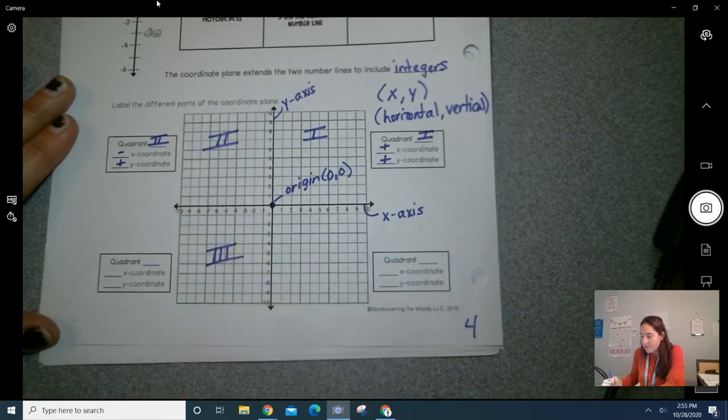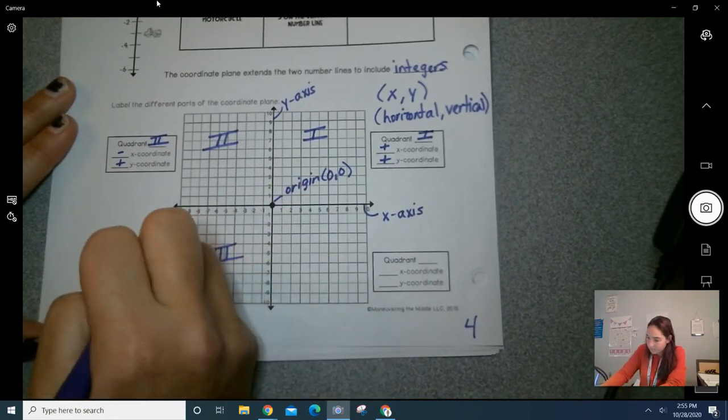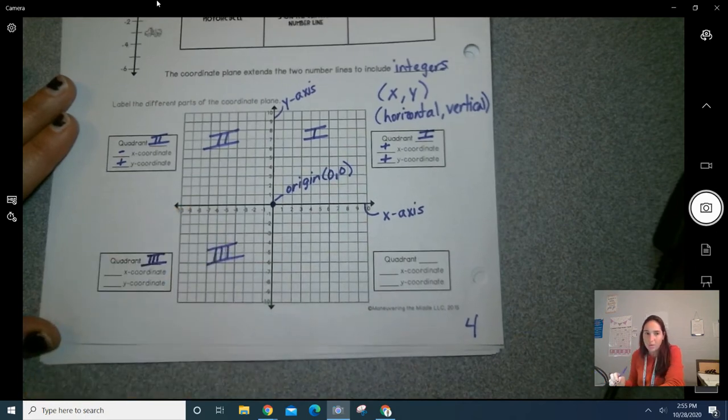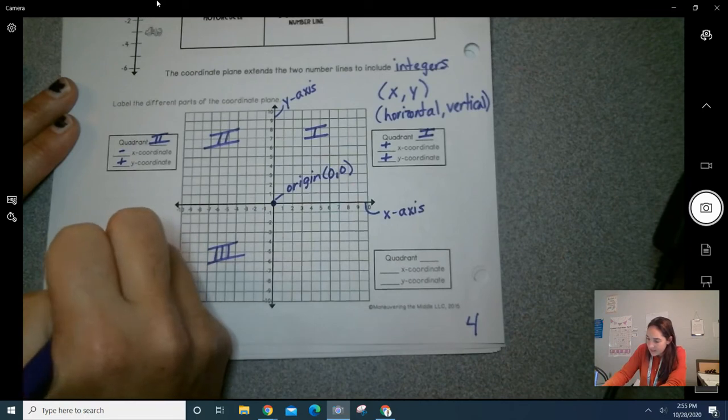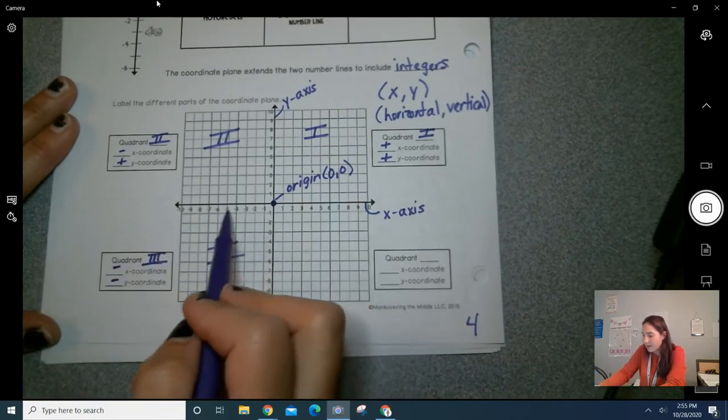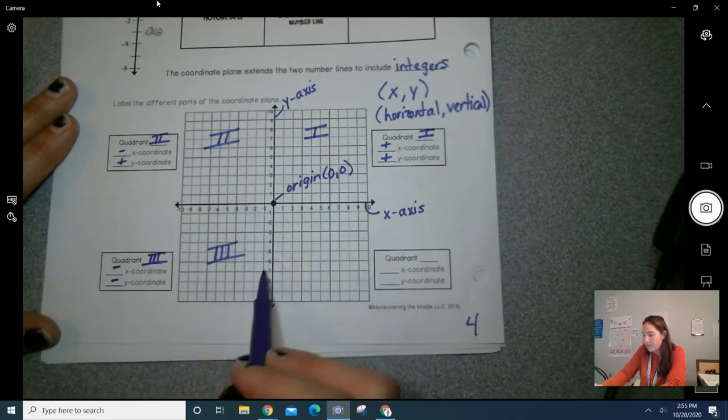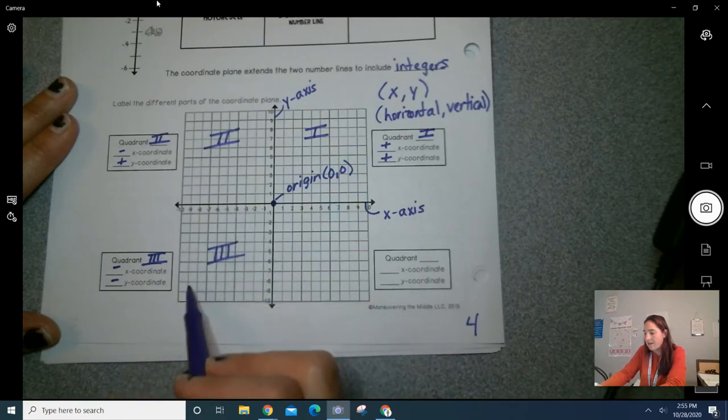The next quadrant is quadrant 3. 1, 2, 3. That's the Roman numeral for 3. And in quadrant 3, the x's and the y's are both negative. You can see any point over here is going to have a negative x and a negative y coordinate.